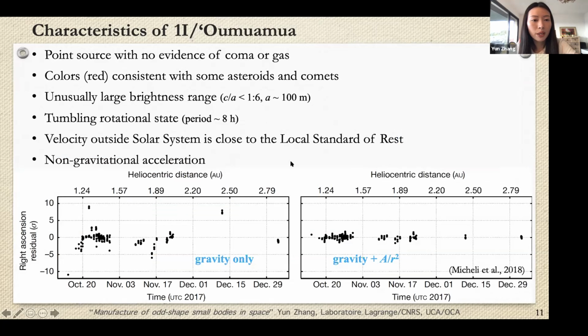Another big puzzle is that although it has been identified as an asteroid, Oumuamua's trajectory showed a non-Keplerian feature.